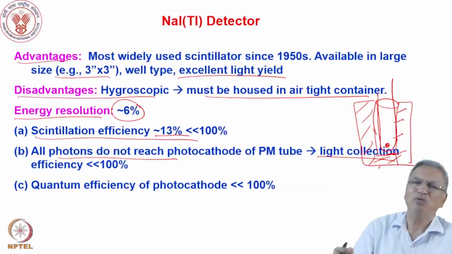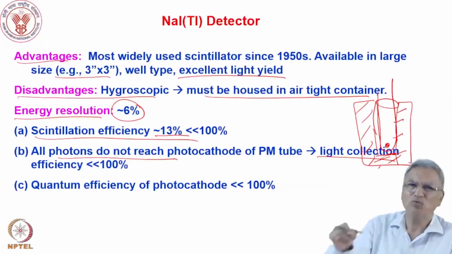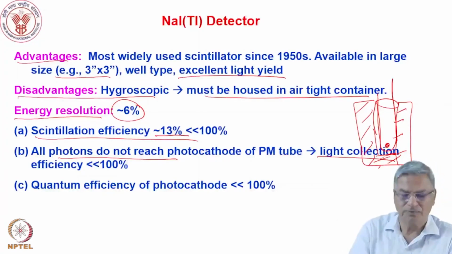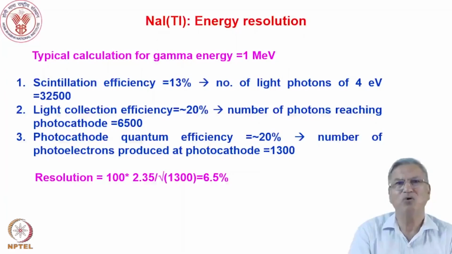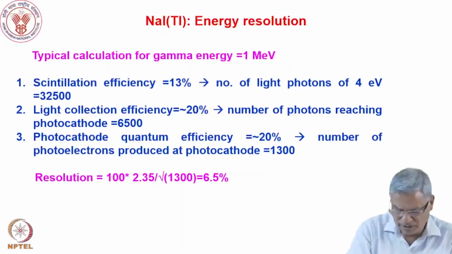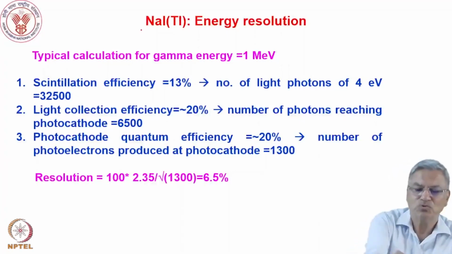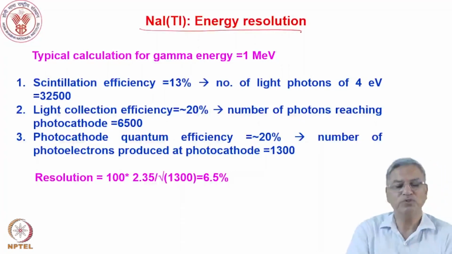So first of all, the crystal itself has a very low quantum fluorescence yield. Then all the light that is produced does not reach the photocathode of the PMT, and the photocathode does not have a good quantum efficiency. Because of these three factors, sodium iodide thallium, or for that matter any scintillator, does not have a good energy resolution. So let us do an exercise here to compute the energy resolution of sodium iodide thallium.